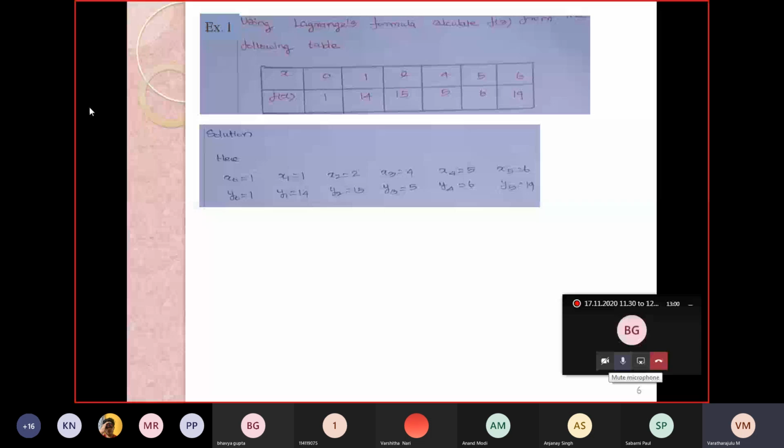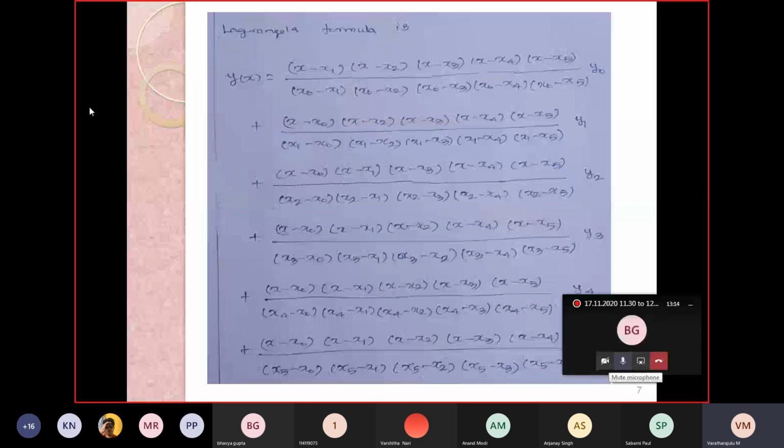And our x0 and y0, similarly till xn and yn, the tabulated values taken in terms of subscript, and this is our Lagrange's formula.